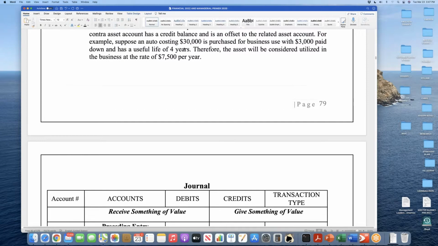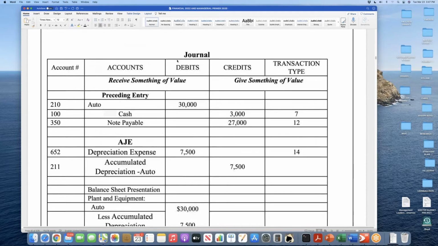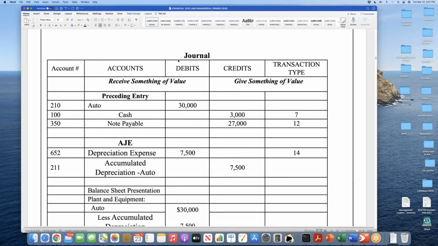So if we divide 30,000 by 4, it's going down at the rate of $7,500 per year. Everybody see that? So we're going to debit depreciation expense and credit accumulated depreciation for 7,500.